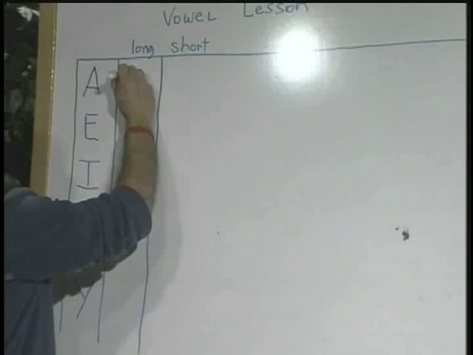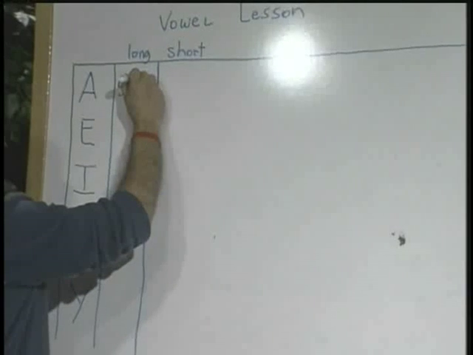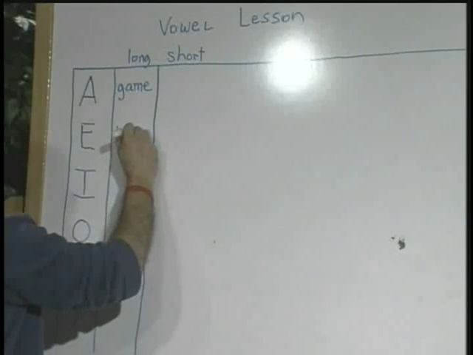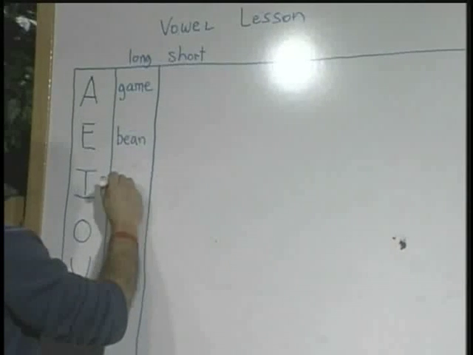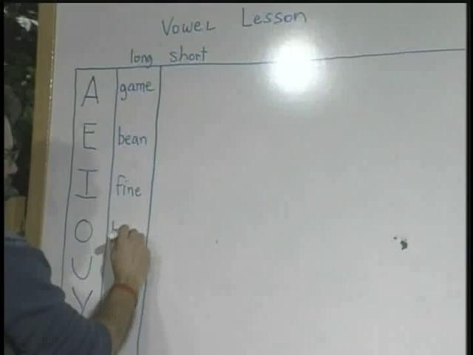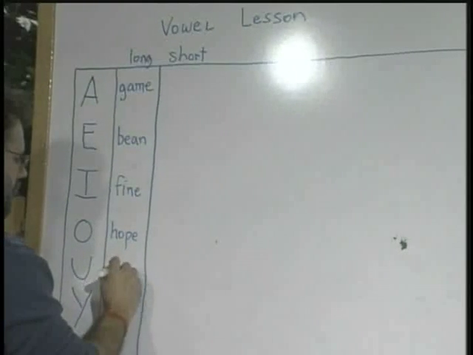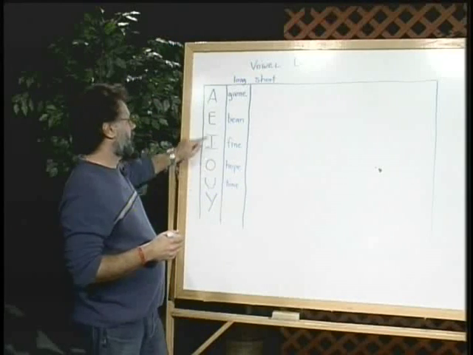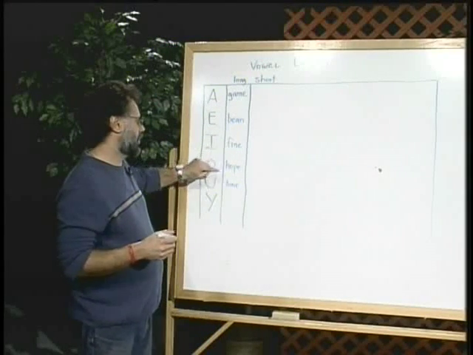So we have game, we have bean, fine, hope, and tune. Okay, so we have A, E, I, O, U, game, bean, fine, hope, tune.